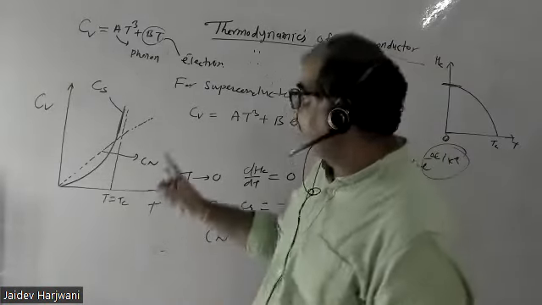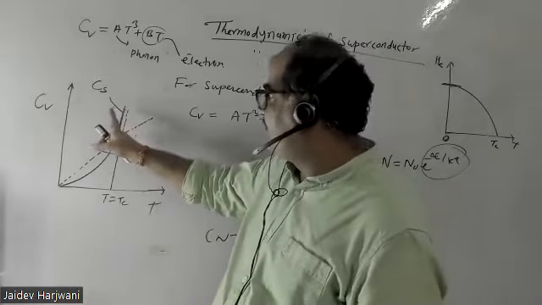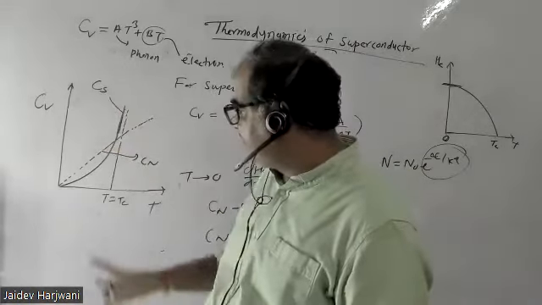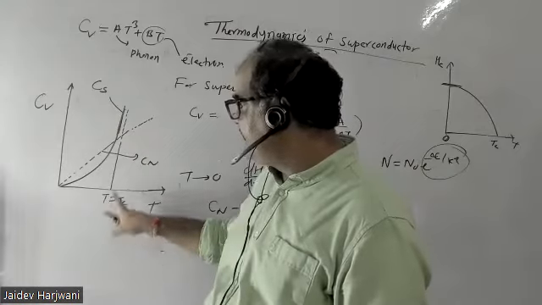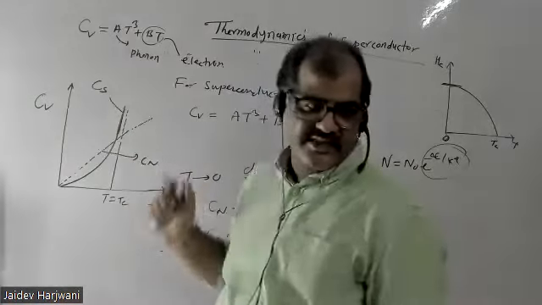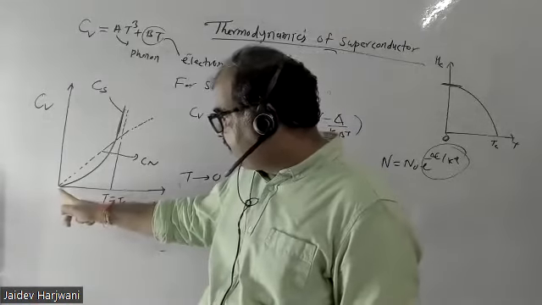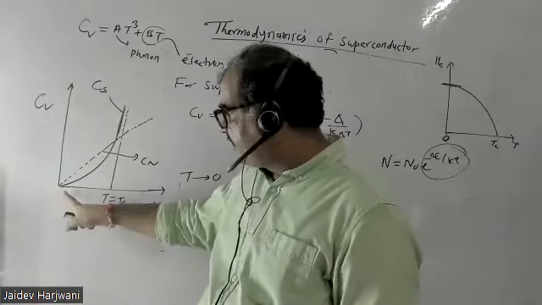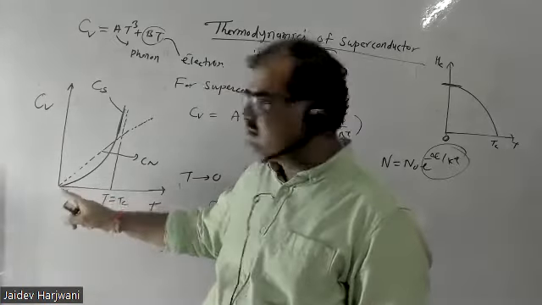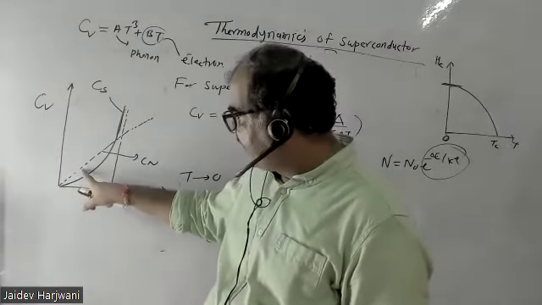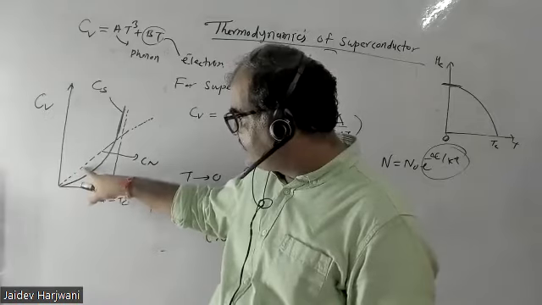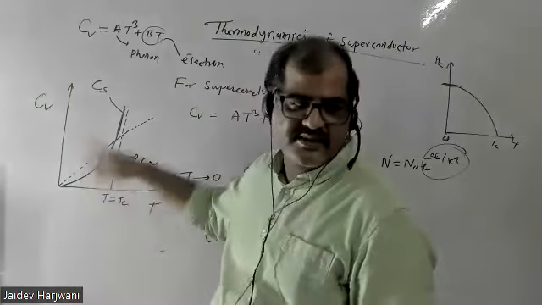I told that the specific heat of the superconducting state at T equal to Tc is higher than the normal state specific heat, and close to T equal to 0, the normal state has higher specific heat than your superconducting state.